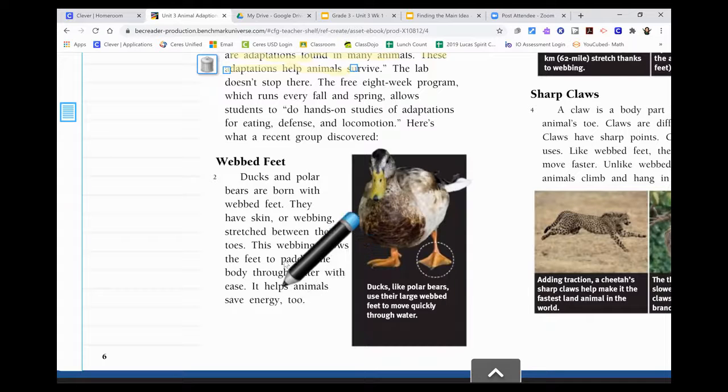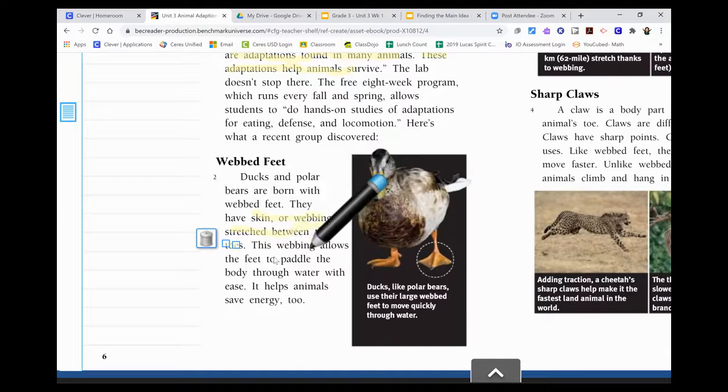Okay, so I think it's definitely important that we highlight what webbed feet is. Okay, so webbed feet is skin or webbing stretched between their toes. So as you can see in this picture, the duck has skin in between the 3 toes. I guess we can call them toes. How do they use it?